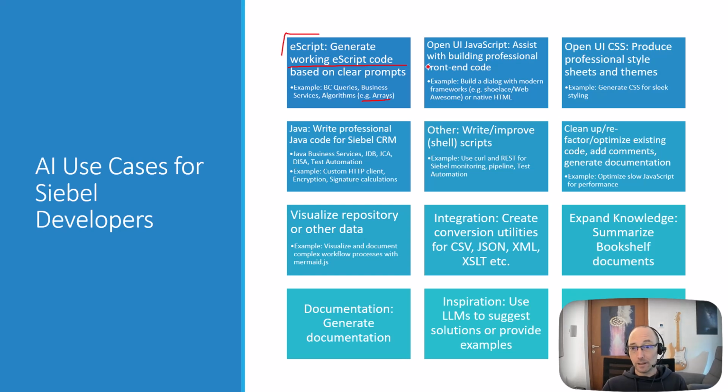So we have a lot of other use cases for a Siebel developer. There's OpenUI, a vast area. OpenUI is mostly JavaScript, and of course, that's where those models shine. It's just such a pleasure to work with those models in JavaScript because they know their stuff.